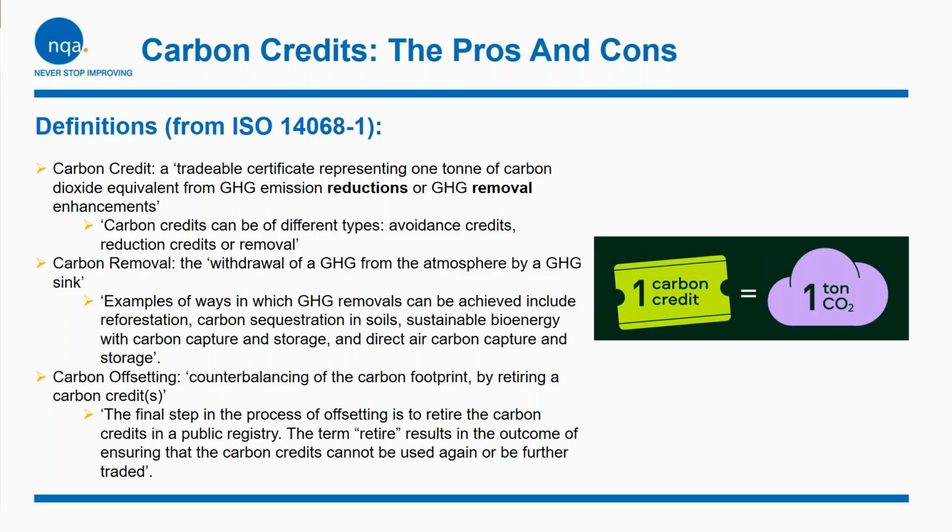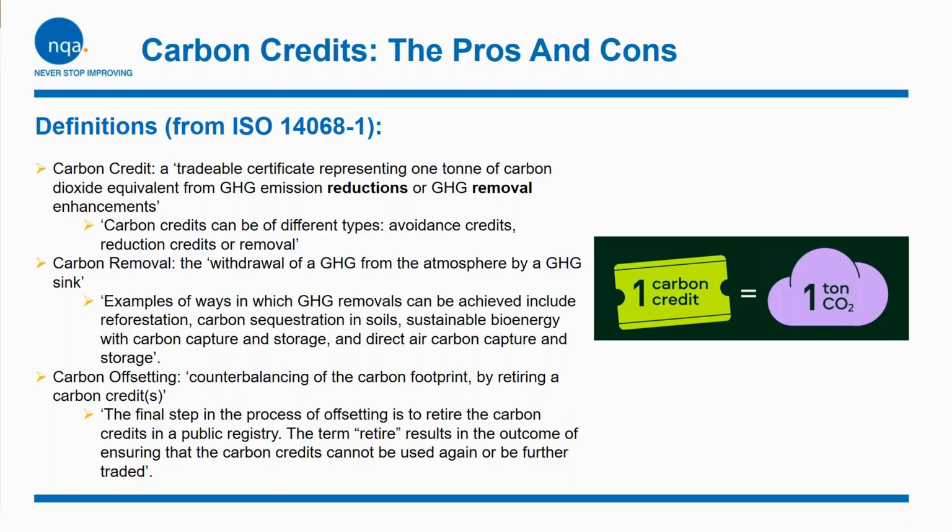A carbon removal is the withdrawal of a greenhouse gas from the atmosphere by a greenhouse gas sink. Examples of carbon removal include reforestation, sustainable bioenergy with carbon capture and storage, and also direct air capture and storage as well.